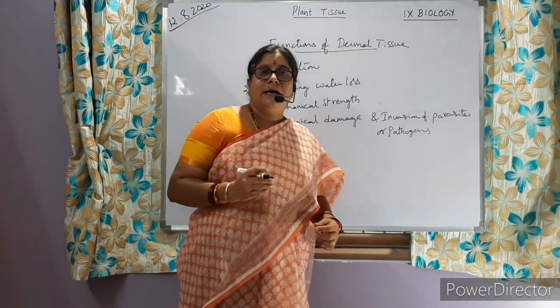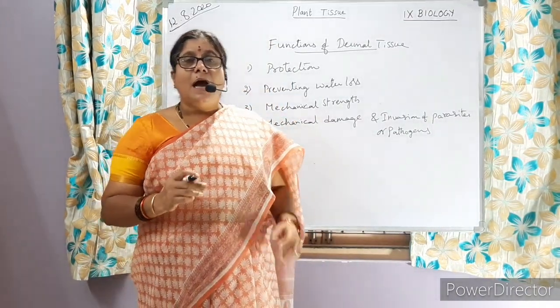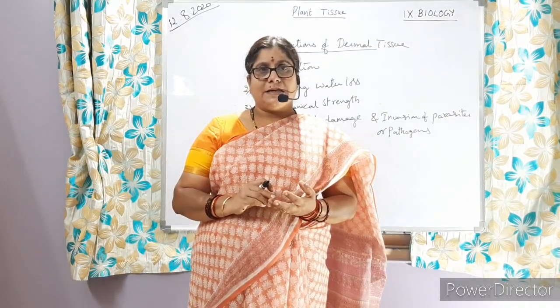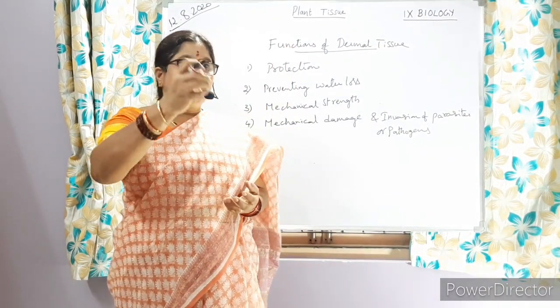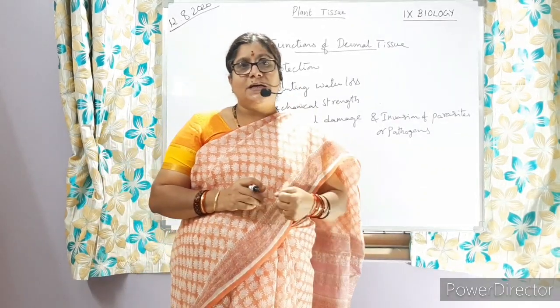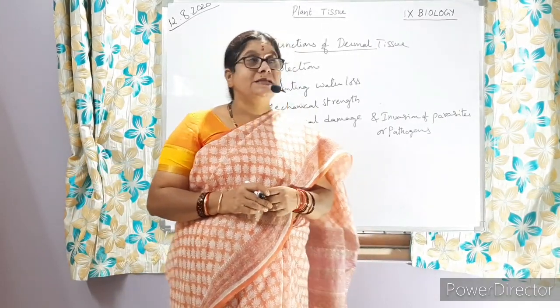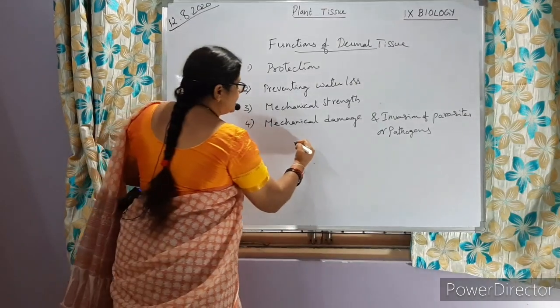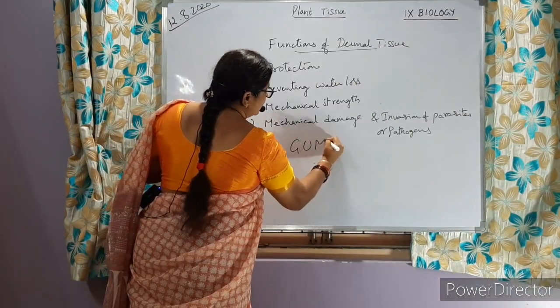As an example of mechanical damage, in acacia plants, if we cut the stem, we can observe a sticky substance oozing out of the cut portions of the plants. What do we call it? That is said to be gum.